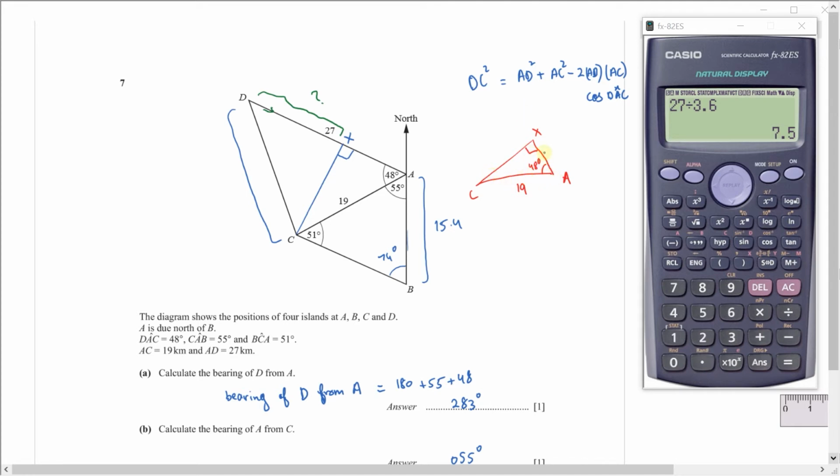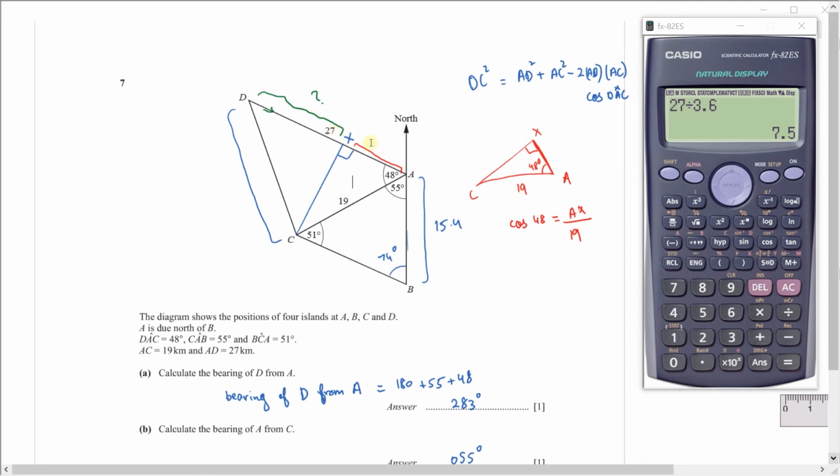I know the hypotenuse, and I want to calculate this base AX, so I can use cosine. Cos of 48 should equal base, which is AX, over hypotenuse, which is 19. If I know this length AX, I can form an equation AX plus DX should equal 27, and then we can calculate DX from that.